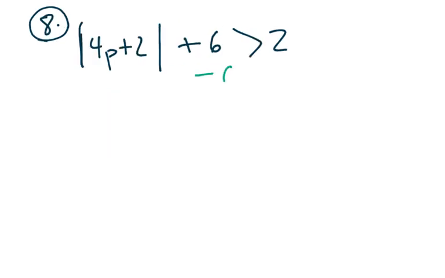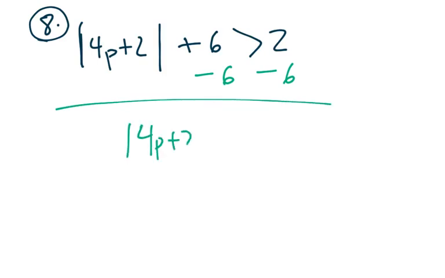And on this one, I hope that you are actually doing this on your own before watching me. It's so blatantly obvious what's occurring here. I'm just giving you the same scenarios over again. We can see here that the absolute value is greater than negative 4, right? Which means, hopefully you said that everything works.